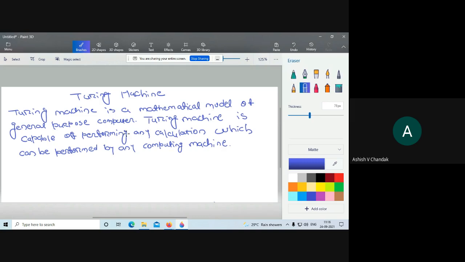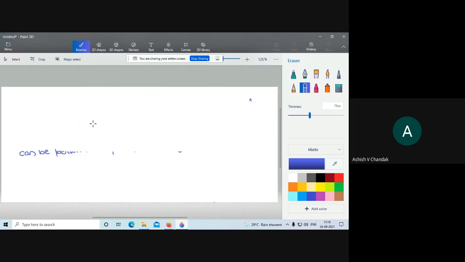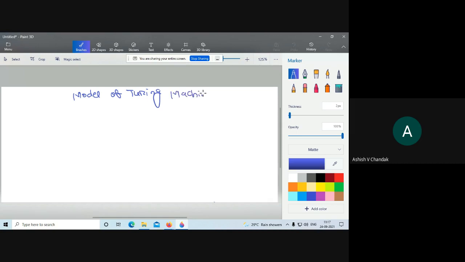Okay, so next topic, the model of Turing machine. So what is this theoretical model?